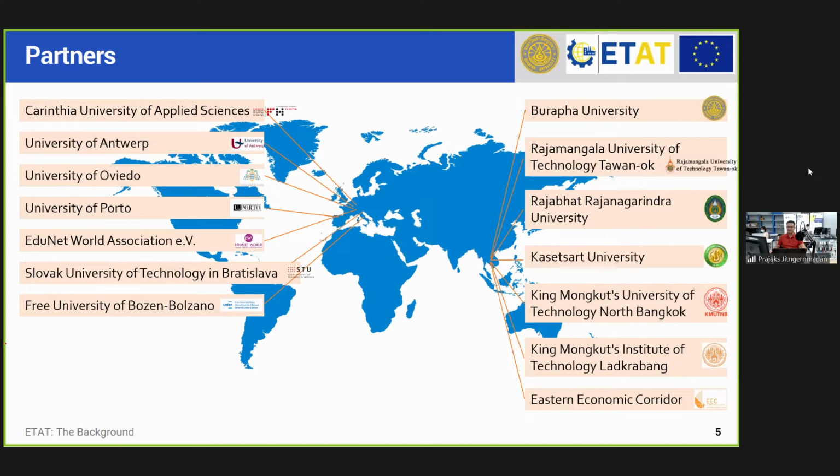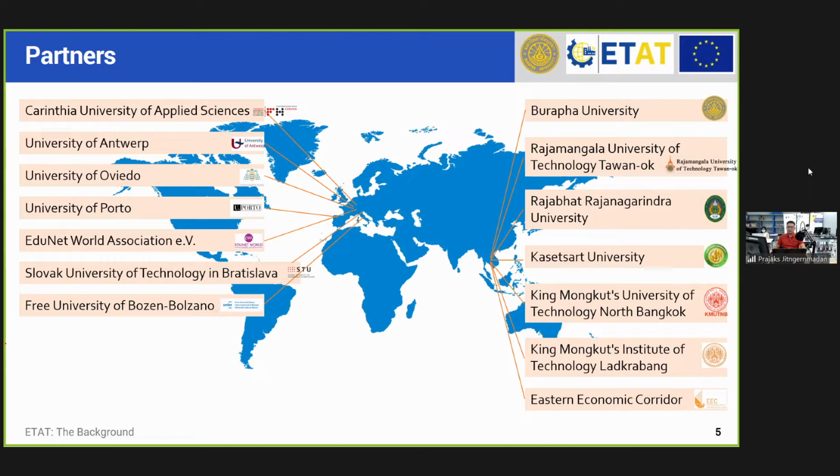And the partner countries in Thailand, we have Burapha University in Chonburi. We have Rajamangala University of Technology Tawan Ok in Bang Phra, Chonburi. We have Rajabhat Rajanagarindra University in Chachoengsao. We have Kasetsart University in Chonburi, at Sriracha campus.